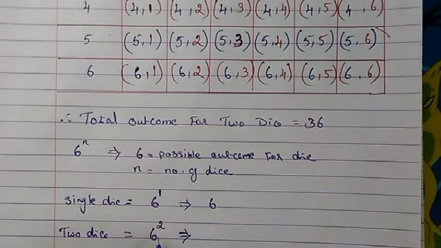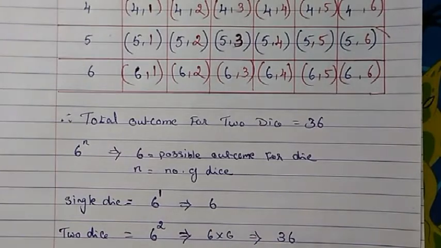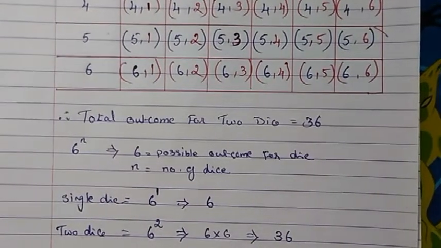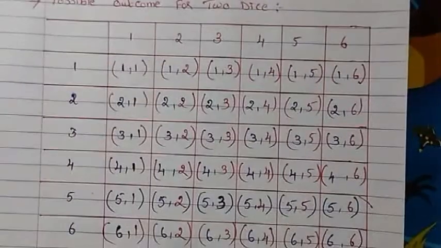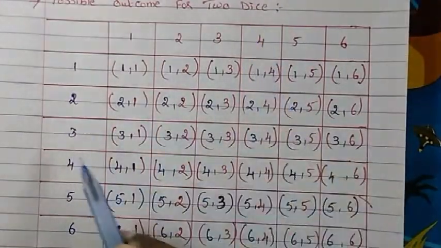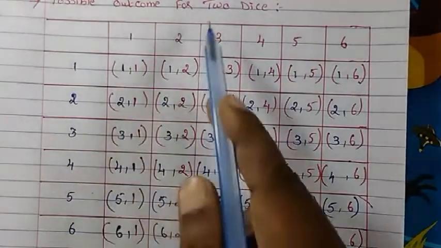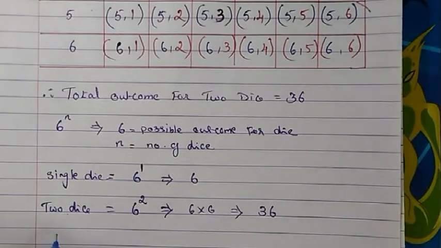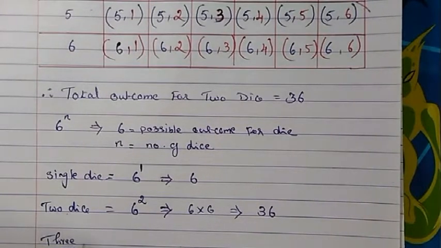So it will be 6 into 6, which is 36. 6 square means 6 into 6, 36. So for 2 dice, red die and blue die, when we play, the total outcomes are 36, and we have proved it here.